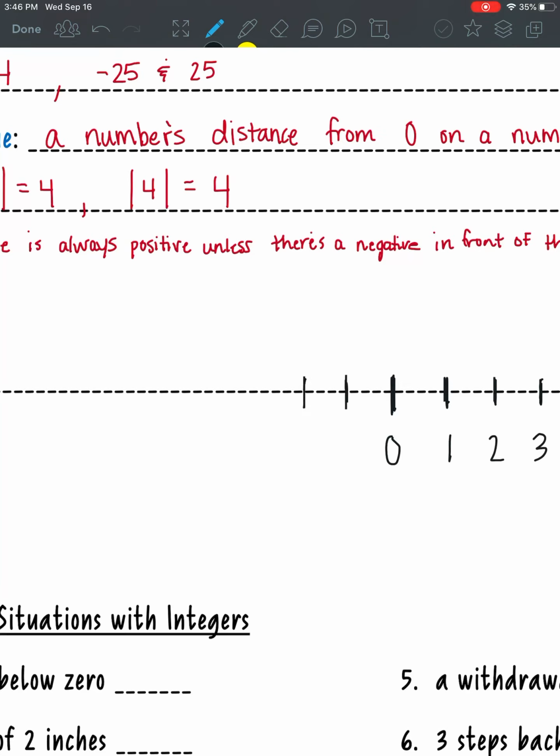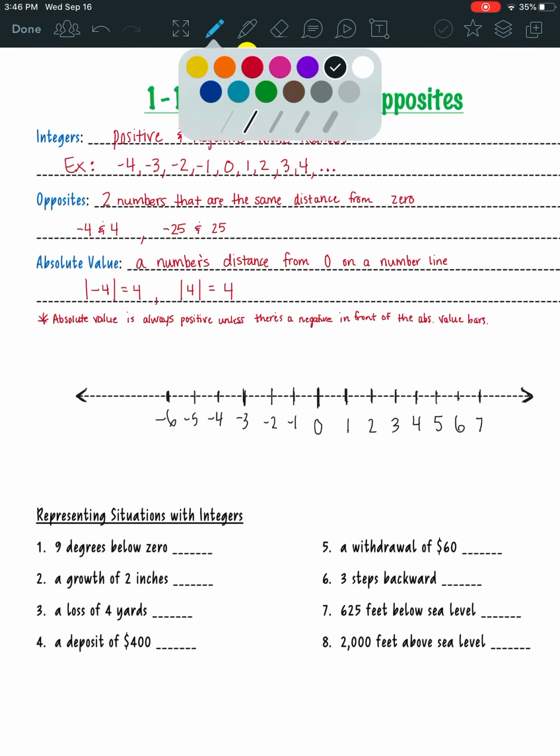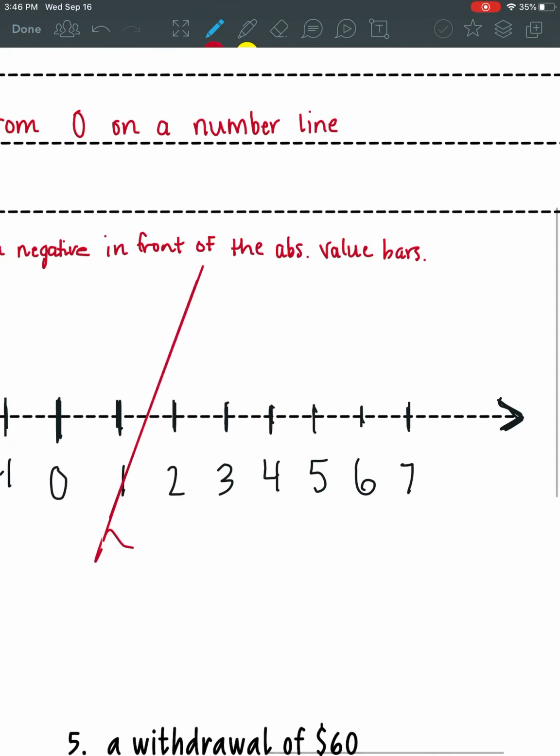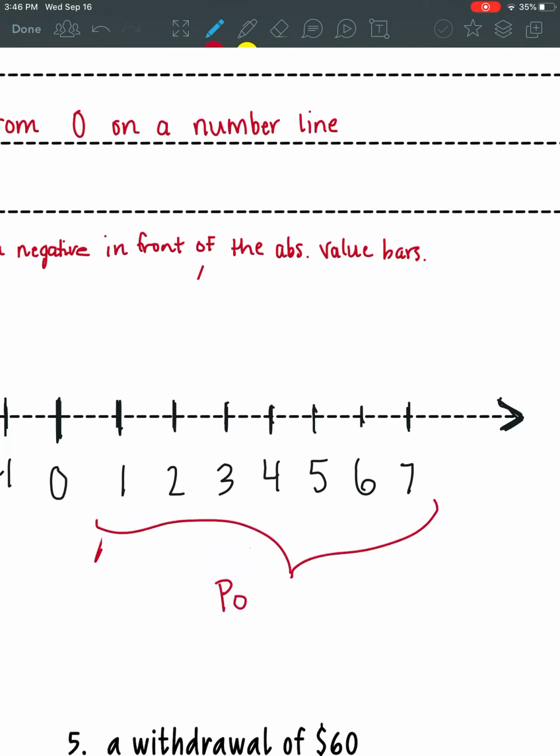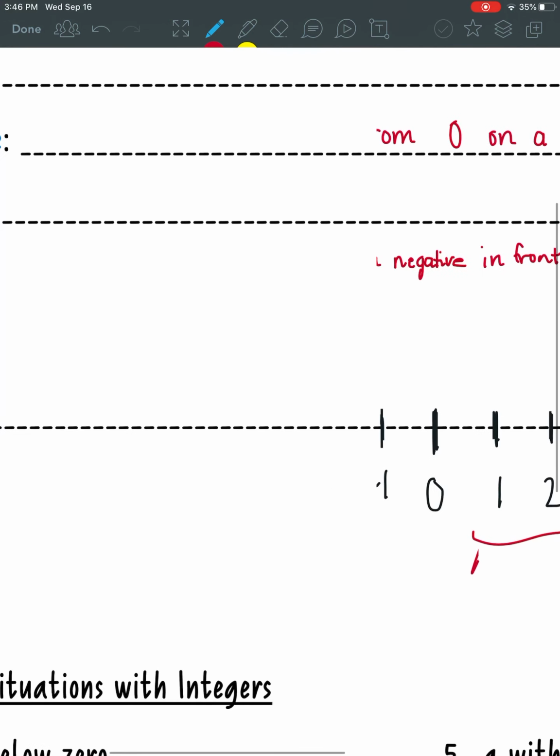Okay, then we can go the other direction. To the left of 0 is all of our negative values. And as you create this number line, make sure you fill in your numbers. Okay, I want to then make sure we label and say these are all of our positive integers.